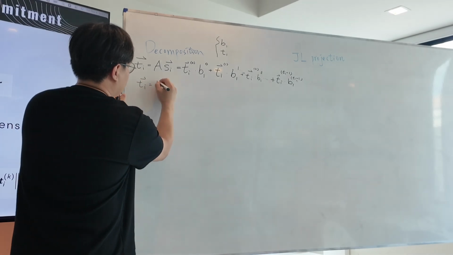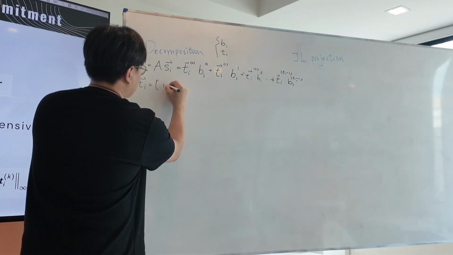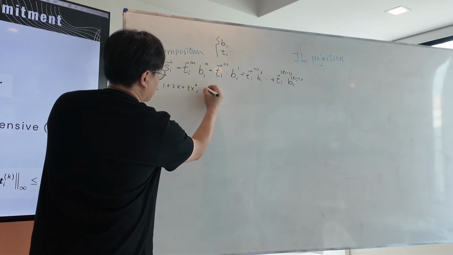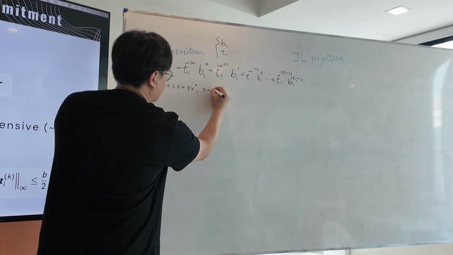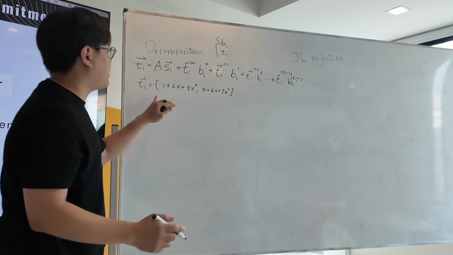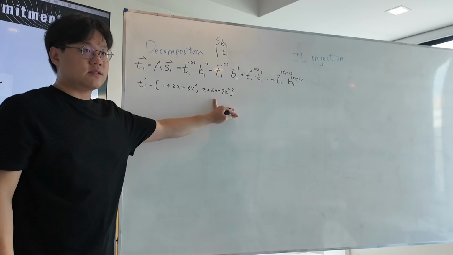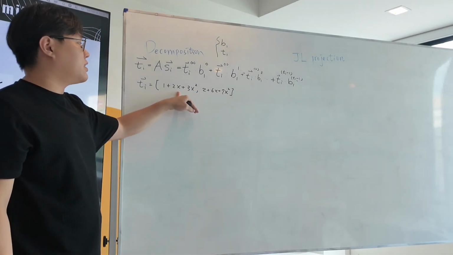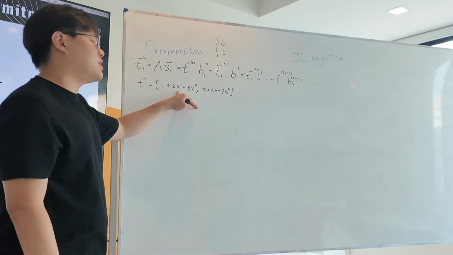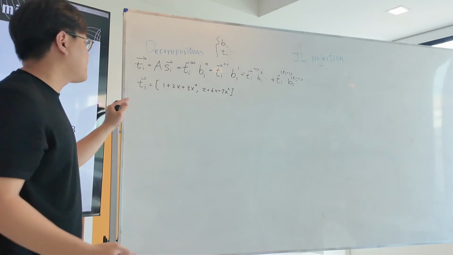So Ti equals 2, 6, 7. Let's say we have Ti like this, and every element inside it is actually a polynomial ring element. You can just imagine this is a polynomial now.